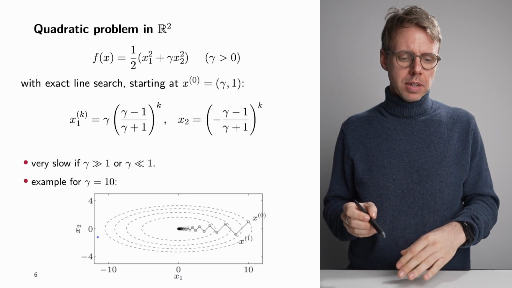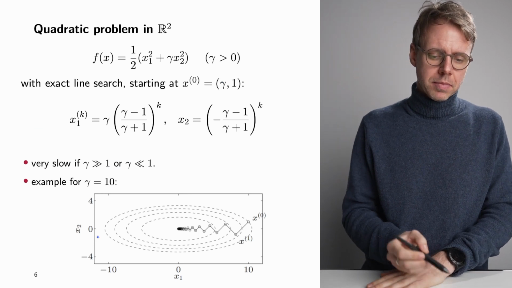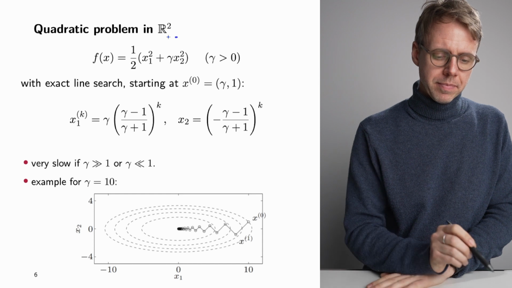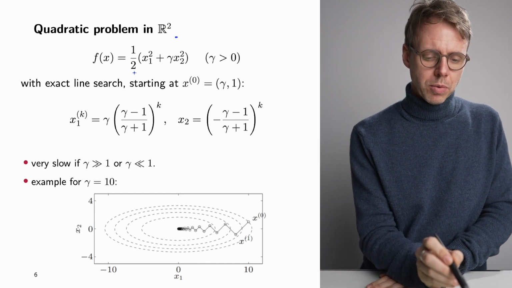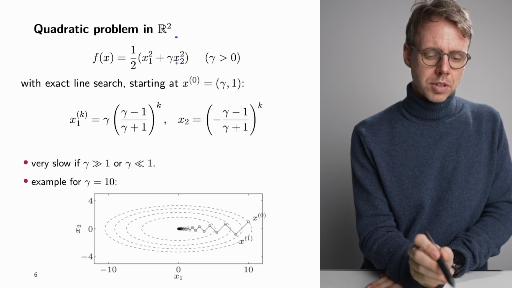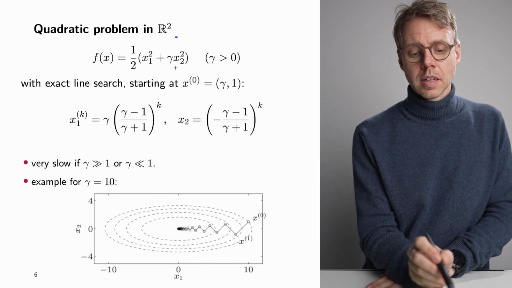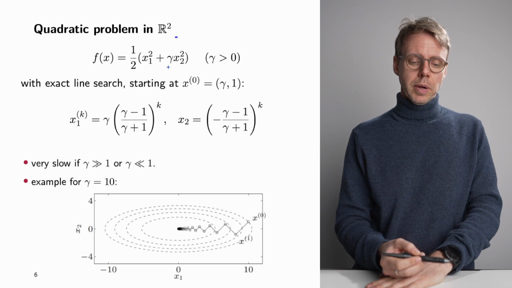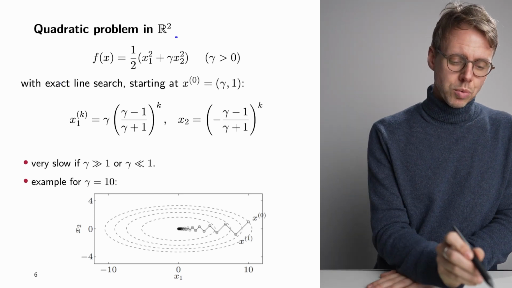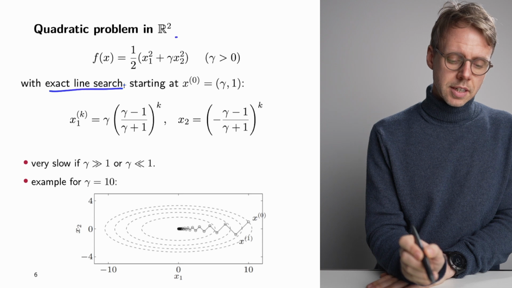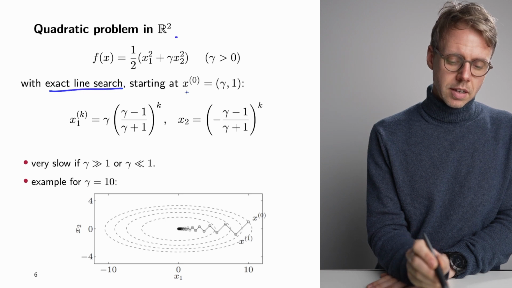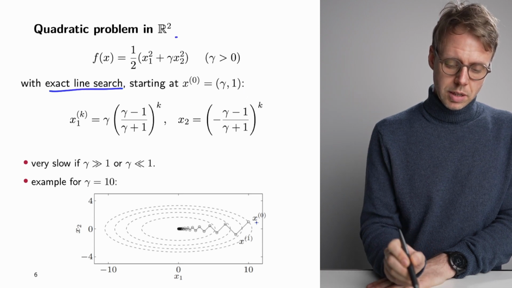Let's look, for example, at a quadratic problem in R squared. The function would be 1/2 times the first coordinate x1 squared plus a positive value gamma times our second coordinate squared. We even do an exact line search starting at point x0 equal to (gamma, 1).